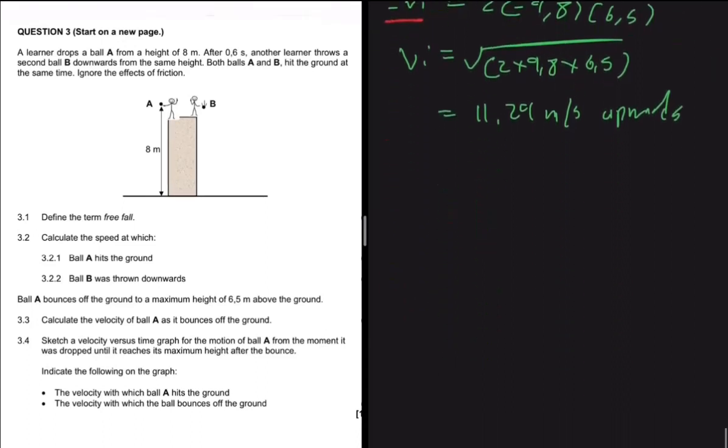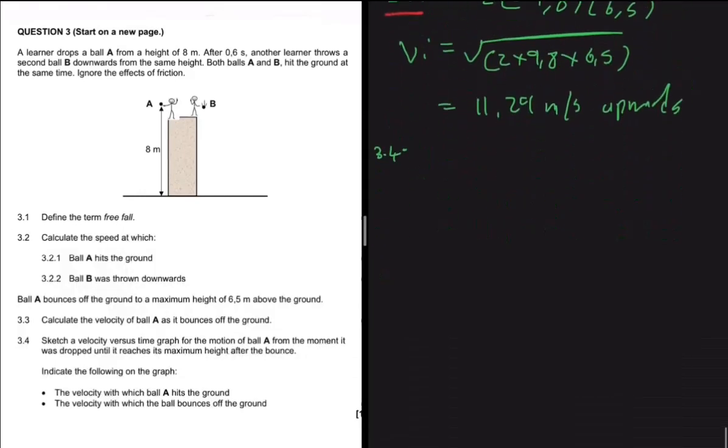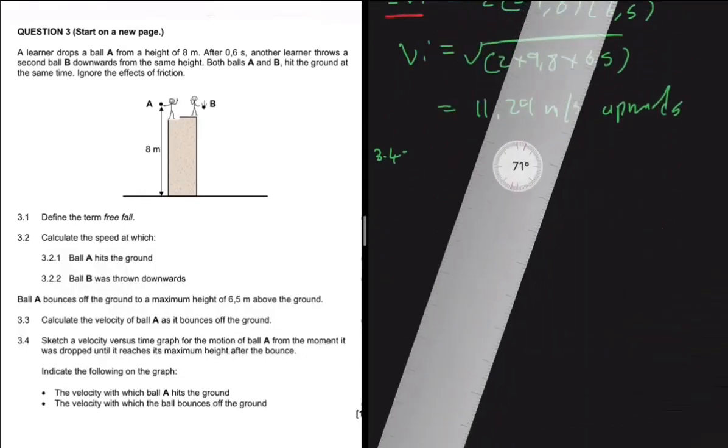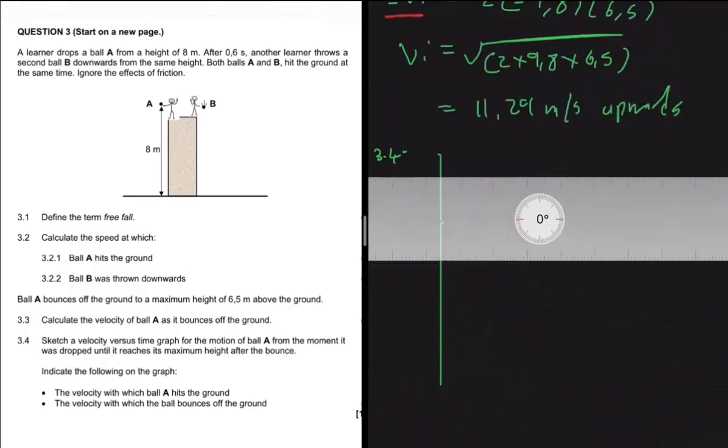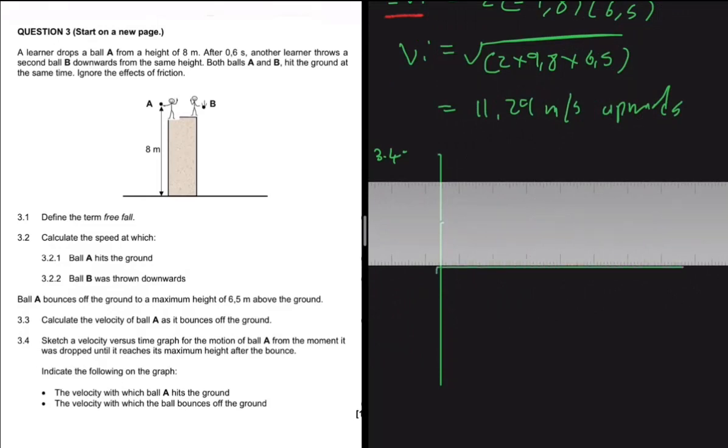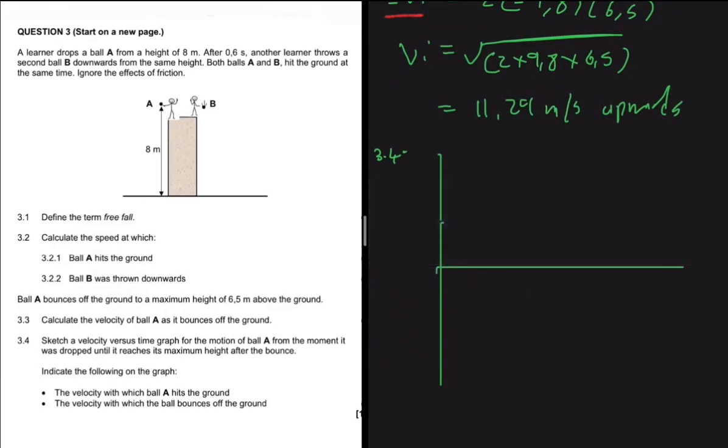And then now to the last question, 3.4. 3.4 is saying let's sketch a velocity time graph for the motion of ball A from the moment it was dropped until it reaches its maximum height after the bounce, right? So let's go ahead and sketch our axes and see what we can do here. So we have the y-axis and the x-axis, and on the x-axis we have the time in seconds, and on the y-axis we have the velocity in meters per second, right?